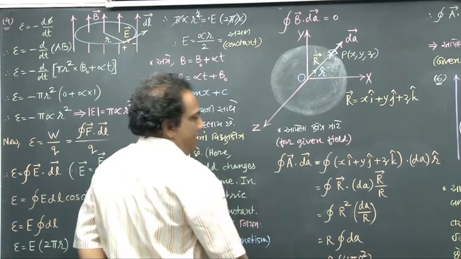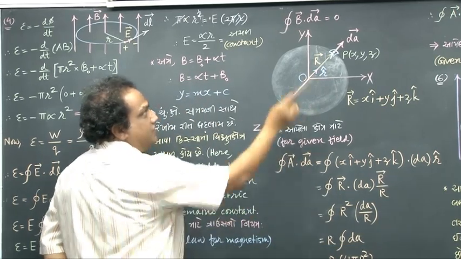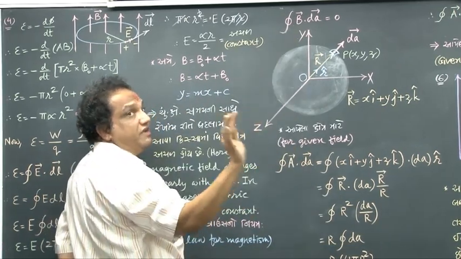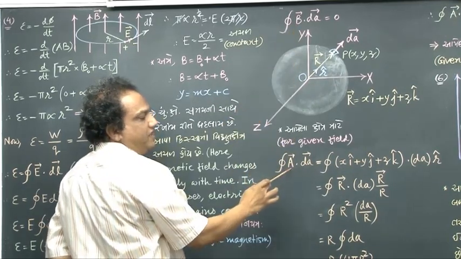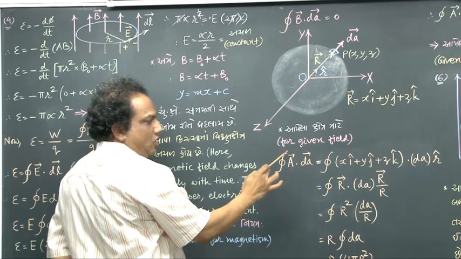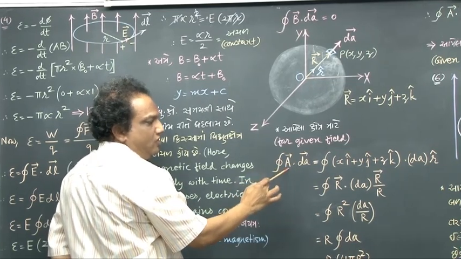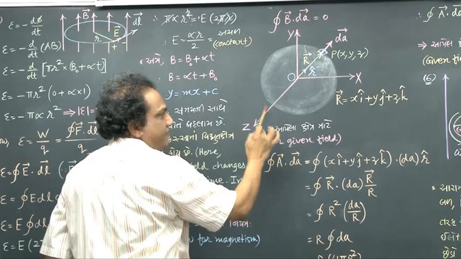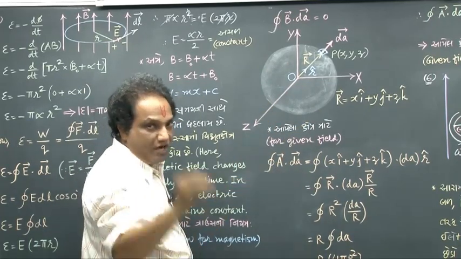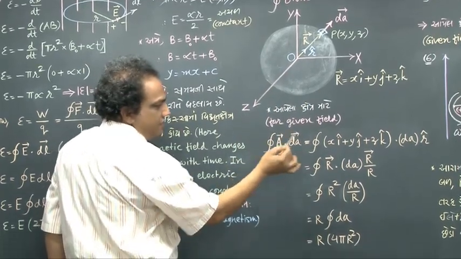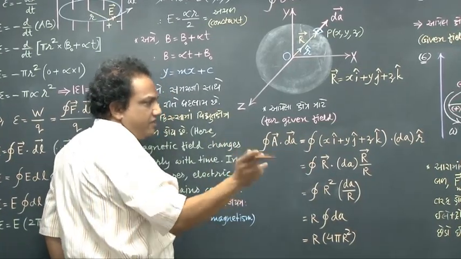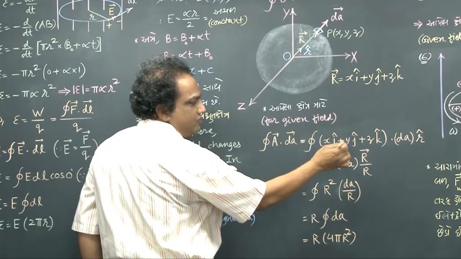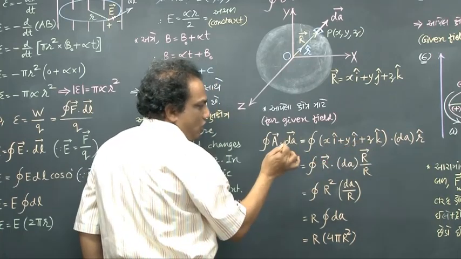Now let us find out such a term for a given vector field. That is why instead of vector B I am writing the given vector field, vector capital A: closed integration of the given vector field over this spherical surface. How much is it? Let us find out. This closed integration of vector A, the given vector field, is x i hat plus y j hat plus z k hat, dot.